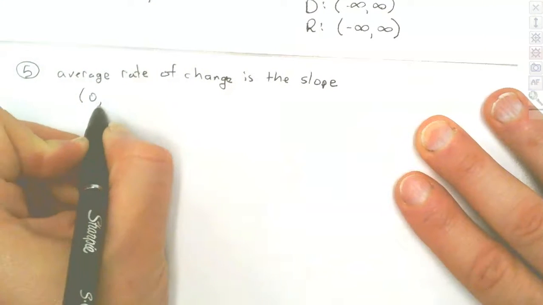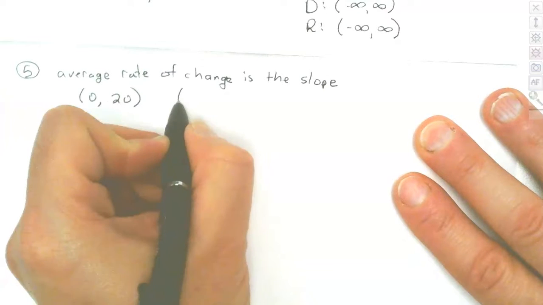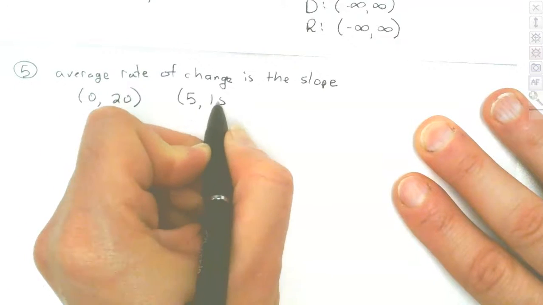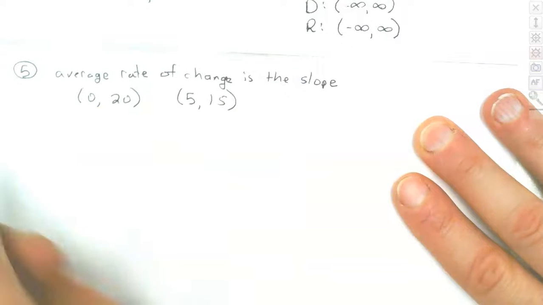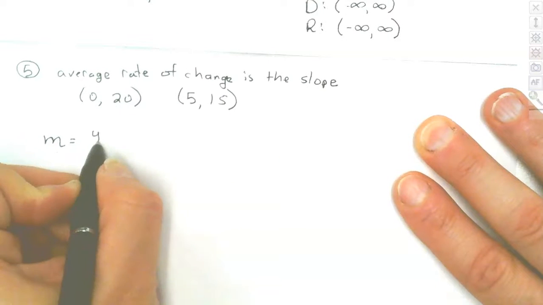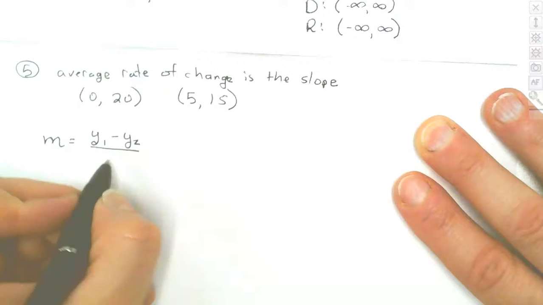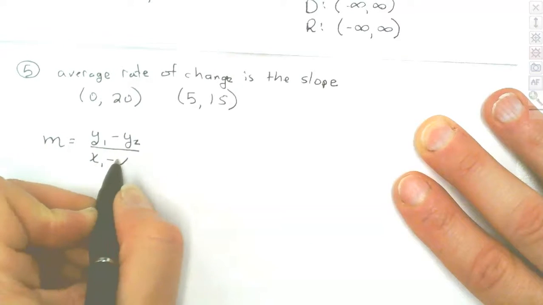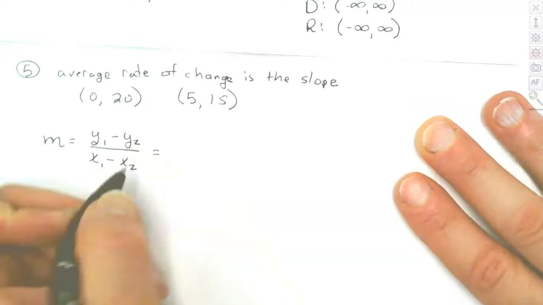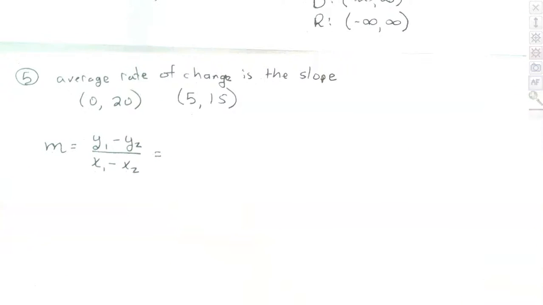We've got 0, 20, and we've got 5, 15. We're going to use our slope formula, which is m equals y1 minus y2 over x1 minus x2. And we'll go ahead now and plug our values in.